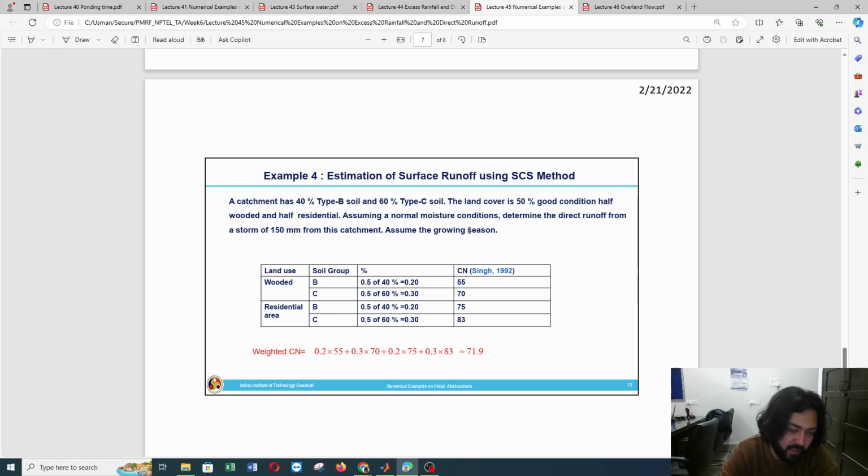That's the reason they have divided land use first into 2 types. First is wooded, and for wooded there are 2 types of soil, B and C. Next is residential, and for residential also there will be B and C.